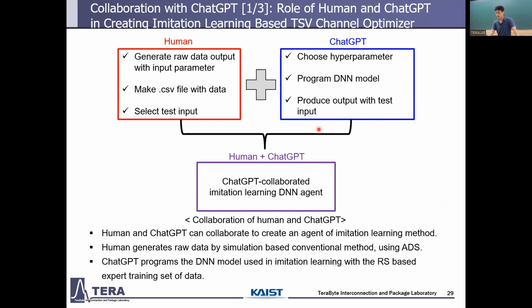And when I asked ChatGPT to program the imitation learning model, it programmed the DNN models, chose the hyperparameters, and produced output with the test input. So as a whole, we made a ChatGPT-collaborated imitation learning DNN agent, which is based on a random search based expert training set of data.